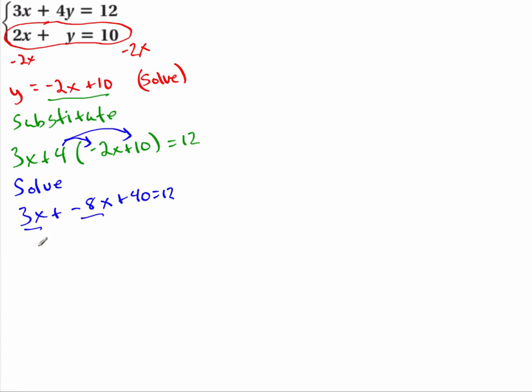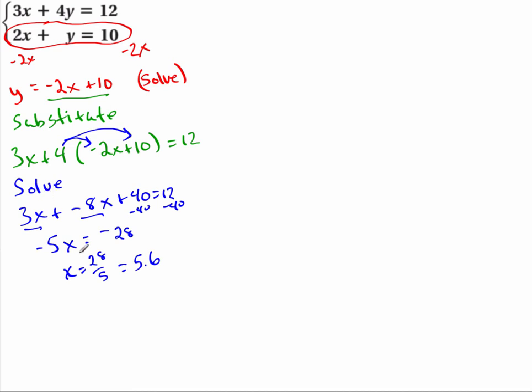Collect like terms, so I have minus 5x is equal to, let's see, I want to subtract 40 from both sides. I get minus 28. So x is 28 over 5. Or if I put this in decimal form, this is 5.6.